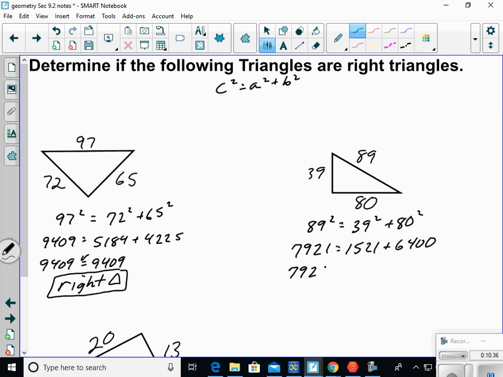So 7,921 equals 1,521 plus 6,400, which is 7,921. Those actually equal each other, so once again the side lengths fit in the Pythagorean theorem, so this has to be a right triangle.